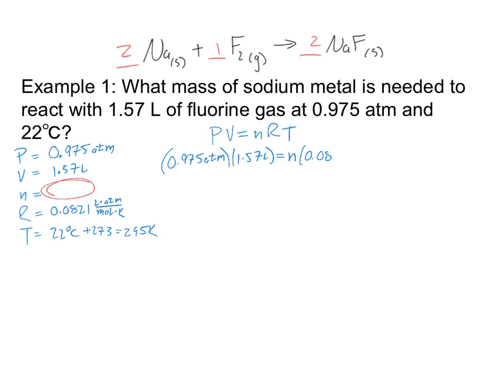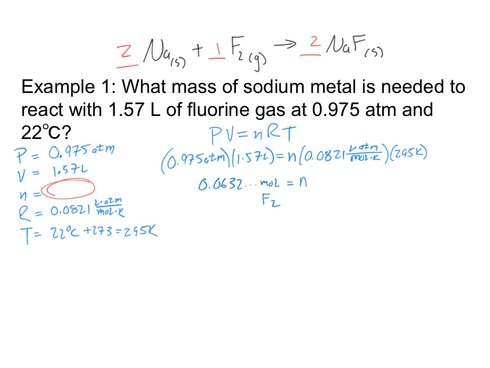We know that R is 0.0821 liters atm per mole per Kelvin, and the temperature we determined was 295 K. So I'm going to basically do some multiplying and dividing and determine that the number of moles in this particular case is 0.975 times 1.57 divided by 0.0821 divided by 295, and I get a value of like 0.0632, and that's moles of the gas, which in this case is F2. So now that's my first step.